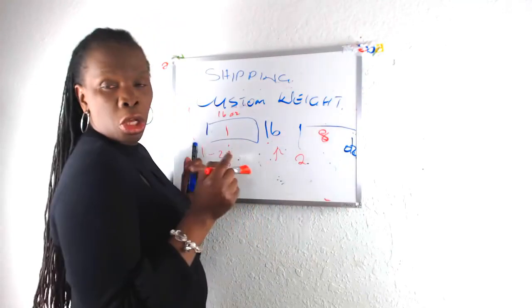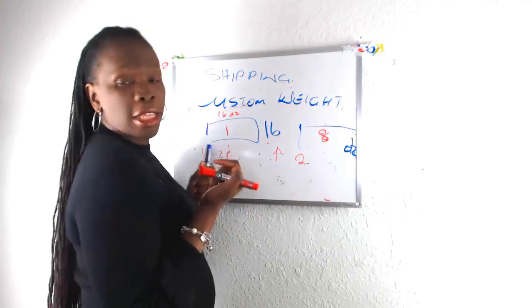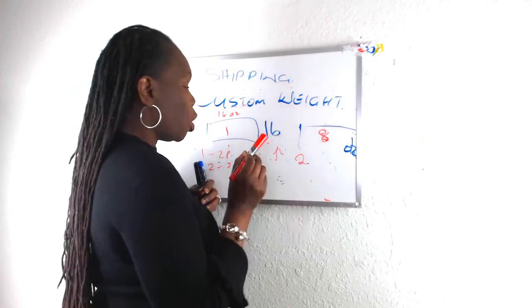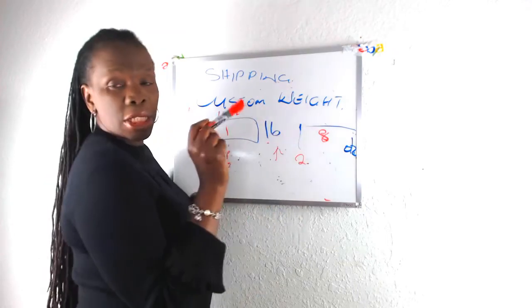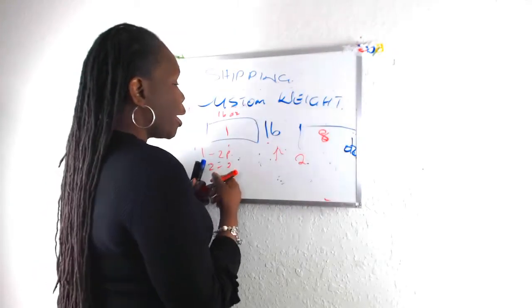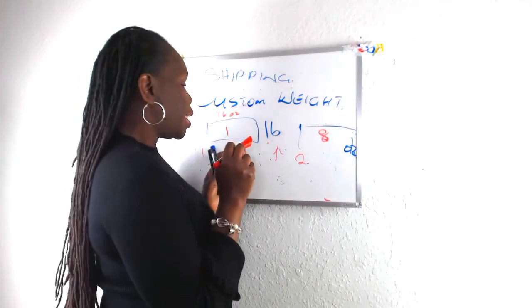Okay, and then you pretty much are done at this point. You want to make sure your zip code is in there, where the item is going to ship from, because all those things really impact the way the shipping is going to go. Never ever undervalue the weight of an item.